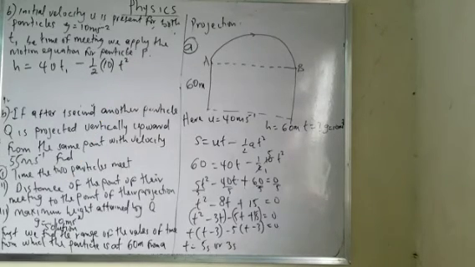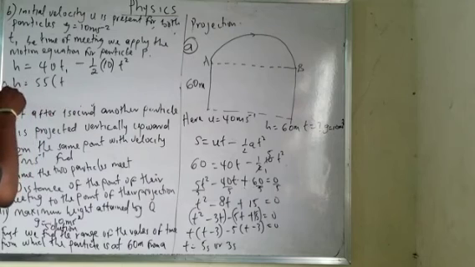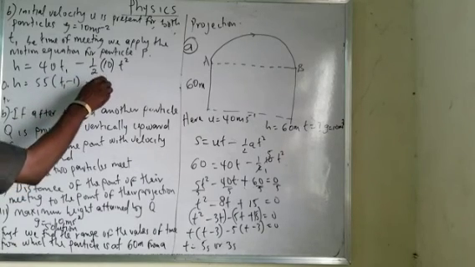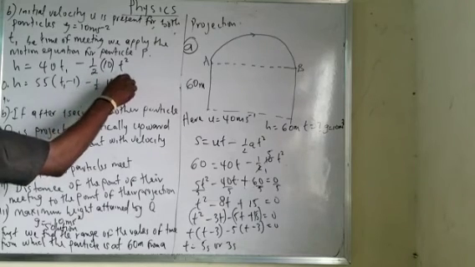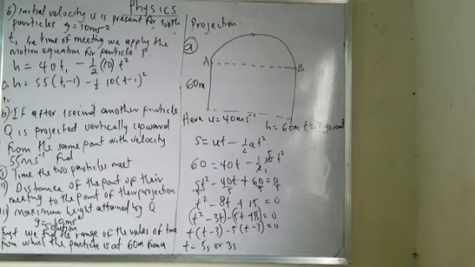For Q, this time around, the story has changed: it will be 55 of t minus 1 minus one over two of 10 times t minus 1 squared.